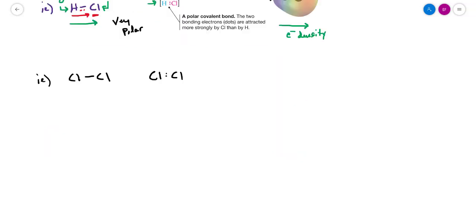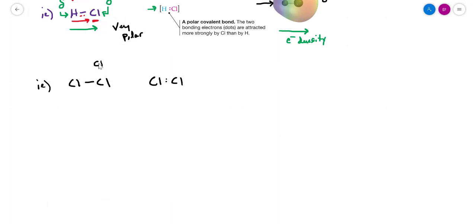So a counterexample to that would be chlorine gas, Cl2, which is what we naturally find chlorine to be on this planet. Chlorine can share a pair of electrons with itself, right here. And because chlorine is exactly the same element, there can't be any more or less draw one way versus the other.